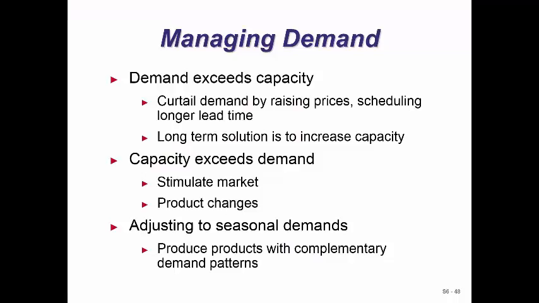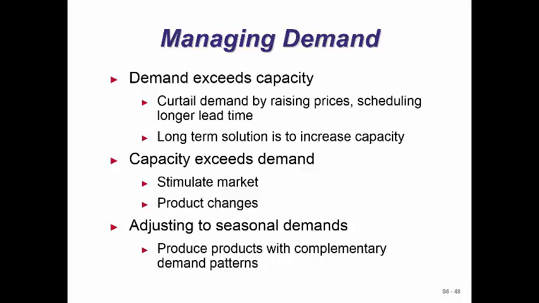Different ways of managing demand. If you have too much demand, say you've got that 40-room hotel, the demand exceeds capacity, you can certainly raise the prices. If you're manufacturing a product, you can back order things, but again, you're going to lose customers at a certain point.